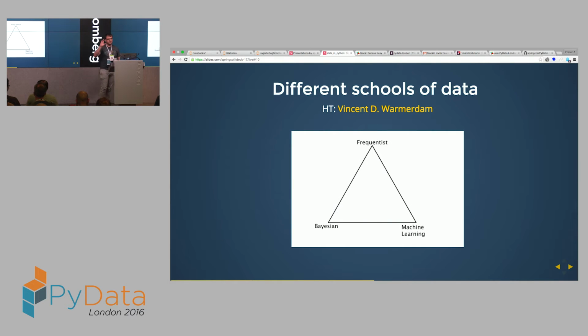Okay, so Vincent, who's actually in the audience, I've stolen this from him, but I told him. It's a nice diagram of the different schools of data, right? So you have your frequentist, you have your Bayesian, you have your machine learning. A lot of discussions at this event will be around here, things like support vector machines, how to deal with precision and recall, these sort of things.